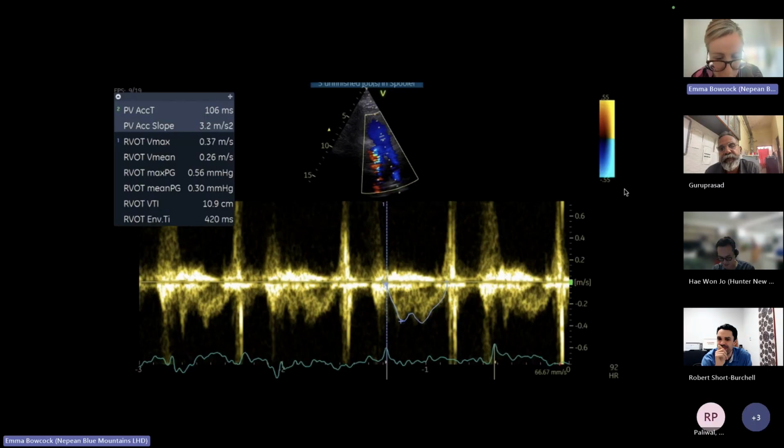No, I would definitely get a CTPA on this lady, certainly if she was stable enough, because you want to evaluate the extent of the clot burden and really confirm the diagnosis. So I would recommend, if the patient's stable enough, to get a CTPA, and then have multidisciplinary discussions.